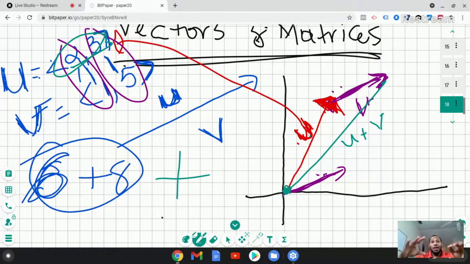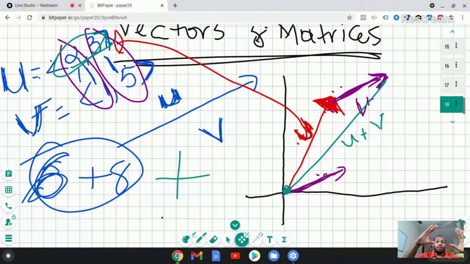So now, how do we do that in terms of numbers? How do we add those without drawing the graph? Like I said before, you add the corresponding terms.